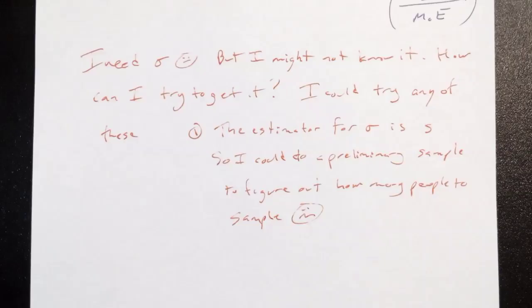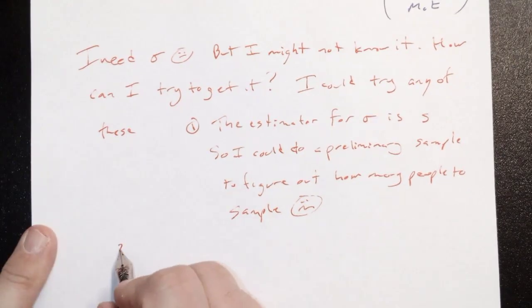I don't like this idea because I would do a sample in order to figure out how to do a sample. That's just weird. So what I could do instead to try and figure out my standard deviation is I could make some assumptions about the population and its distribution.